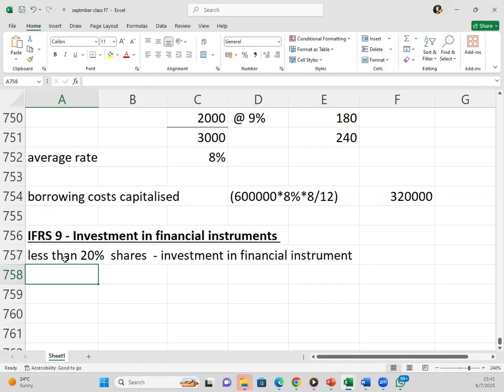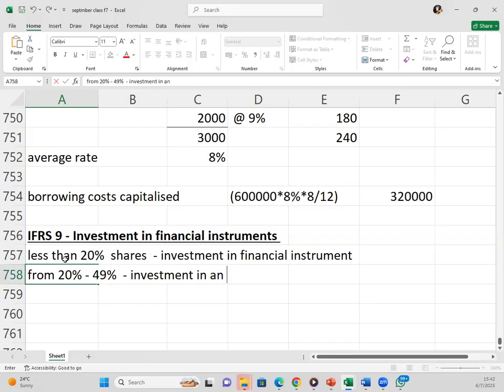If you buy from 20% to 49% of another company, that is an investment in an associate. That firm is going to be called your associate.